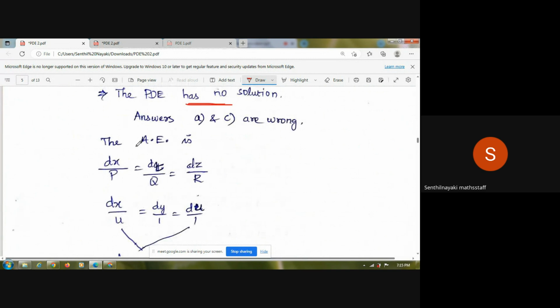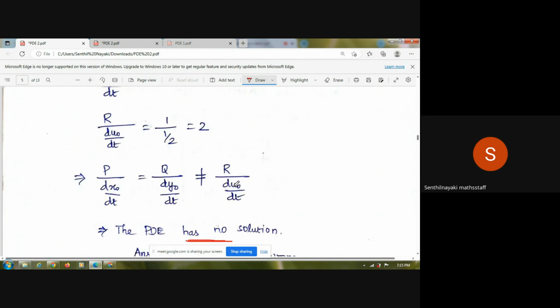Now we are going to find out whether this equation has more than one answer. So next we have to find out the auxiliary equation. So dx by p. The second variable is not y, that is t. So dt by q and du by r.